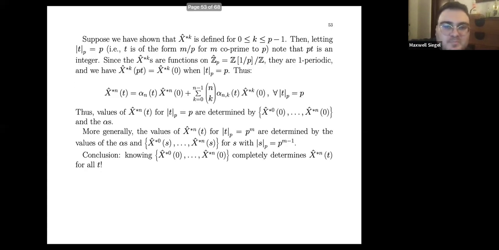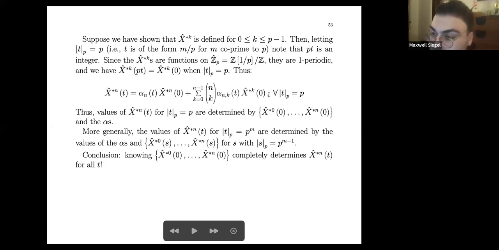So suppose that we have shown that x hat star k is defined for k equals 0 up to k equals n minus 1. Then letting t have a p-adic absolute value of p, note that pt is an integer.